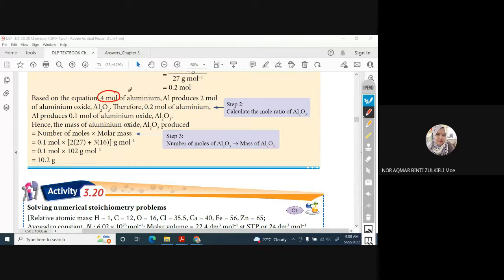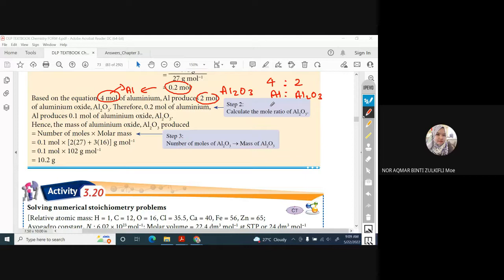For 4 mole Al will produce 2 mole Al2O3. So we have already 0.2 for Al. So 4 mole Al means the Al is 2 times larger than Al2O3, right? Okay, 4 ratio to 2. Okay, this is Al ratio to Al2O3.